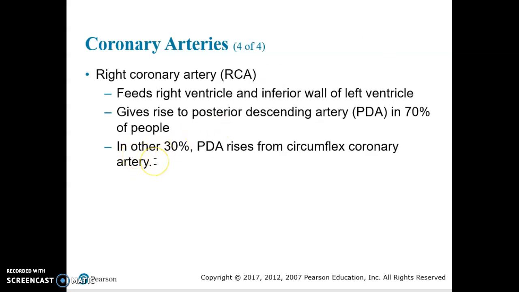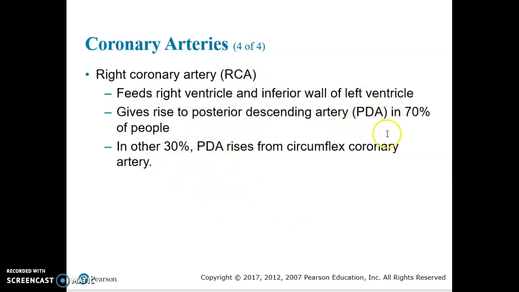In 30% of the population, the PDA, the posterior descending artery, arises from the circumflex artery. So, back to the LMCA, when we were talking about the LAD and the circumflex, in 30% of the people that circumflex further branches off and gives rise to the PDA.